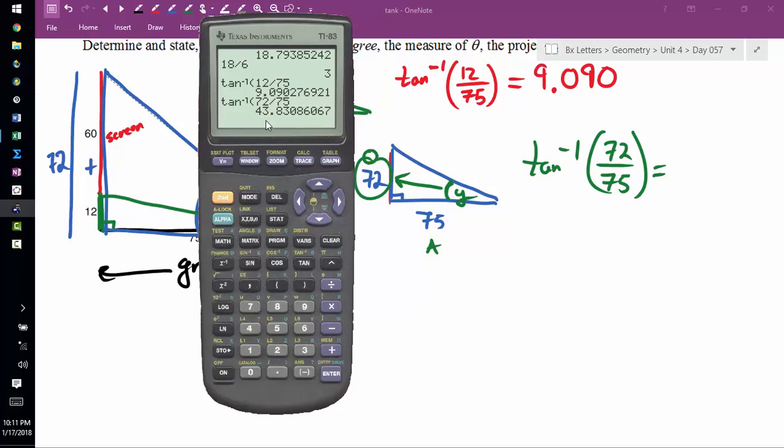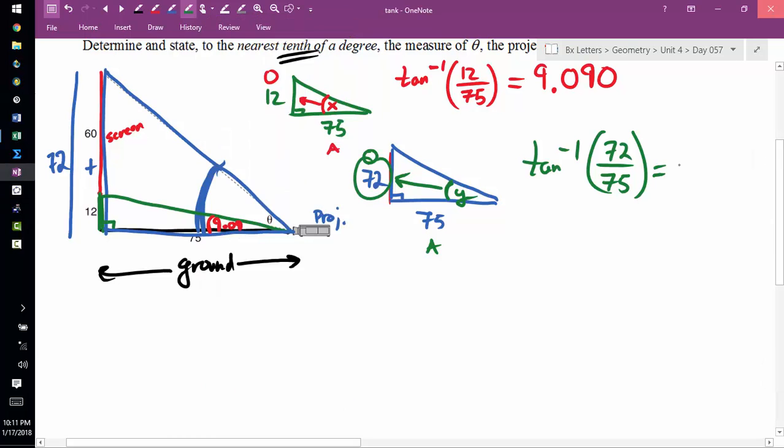I was a little off. I said 42. It's really almost 44. It's very close to an isosceles triangle. So 43.830. The entire thing, so I'll do it in blue actually. This entire angle is 43.830.